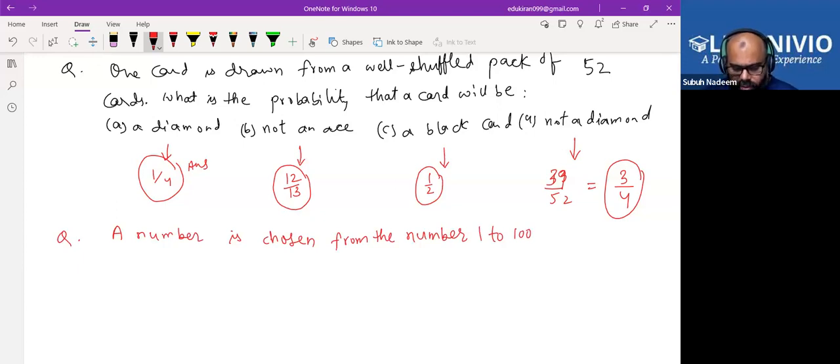Find the probability of its being divisible by 4 or 6.